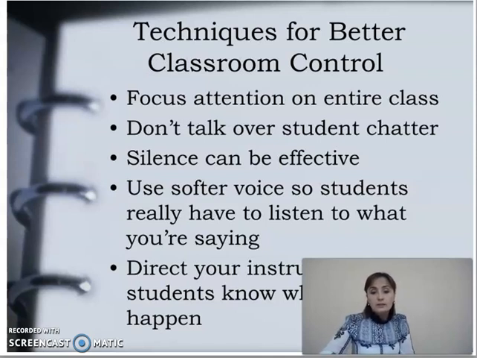The next one is direct your instructions so that students know what is going to happen. It's more important in teaching. Unfortunately, some teachers give longer and complicated instructions. Instructions should be short and clear enough.